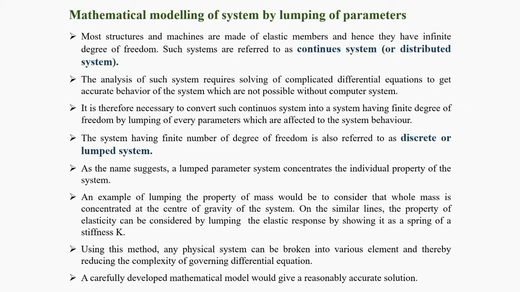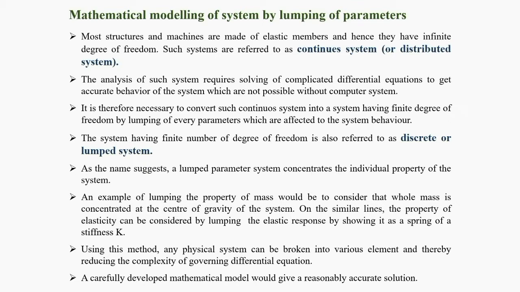As the name suggests, a lumped parameter system concentrates on individual properties of the system. For example, let us take a mass. The system would have a number of masses, so we can consider the whole mass is concentrated at the center of gravity of the system, and then we can analyze.